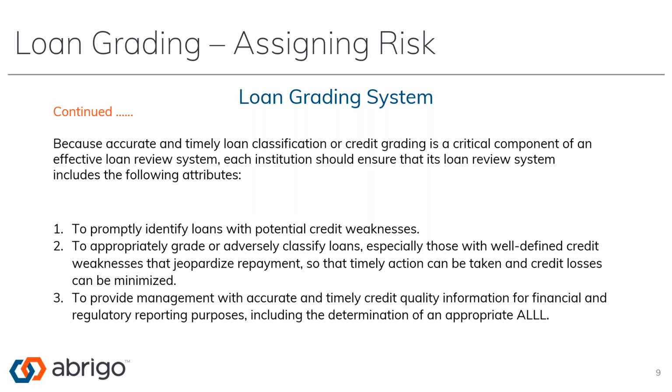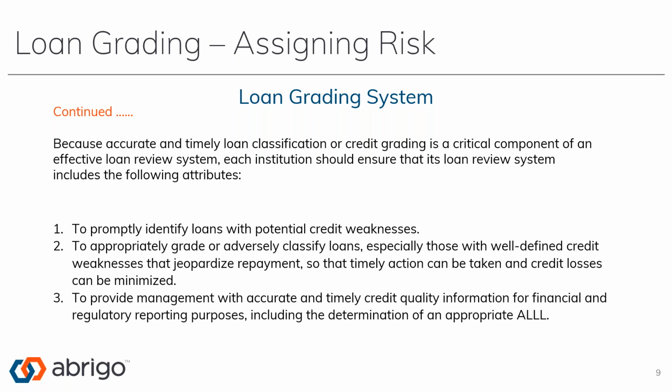When you talk about loan grading systems, some people call them underwriting or risk matrices. They're all kind of the same thing. A good loan grading system should have three things. One, it should promptly identify loans with potential credit weakness.